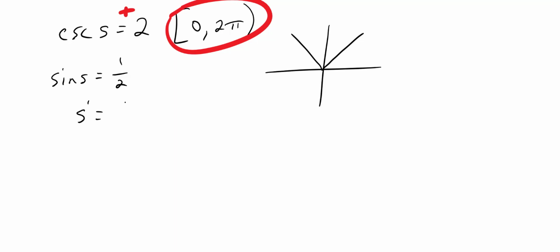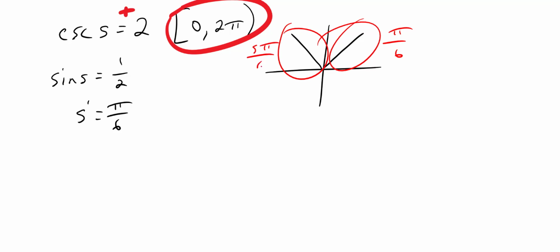And so it's going to be pi over 6, right? S prime is equal to pi over 6. So our two quadrants here, 1 and 2. So this is going to be pi over 6 as an answer. And this is going to be 5 pi over 6 as the other answer. All right. Not bad?